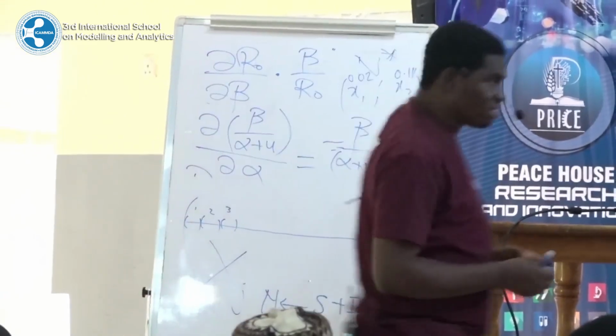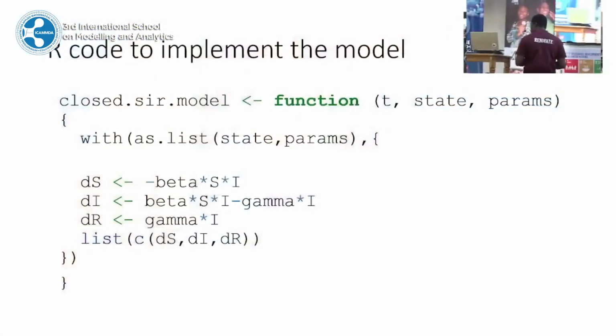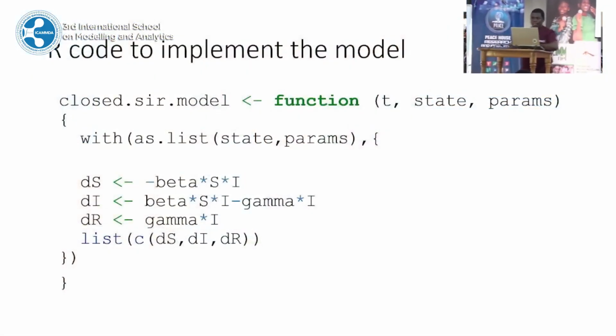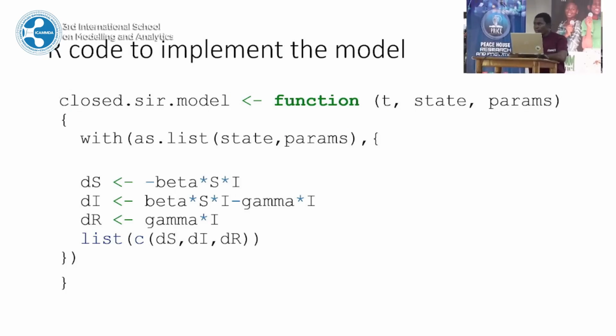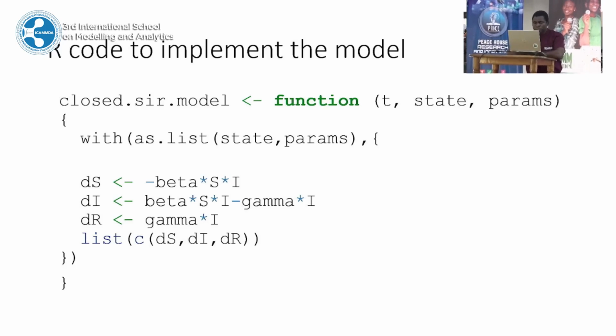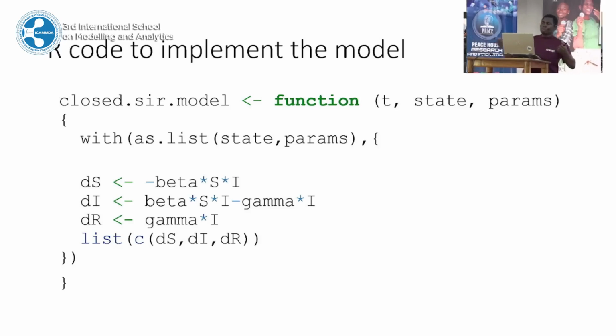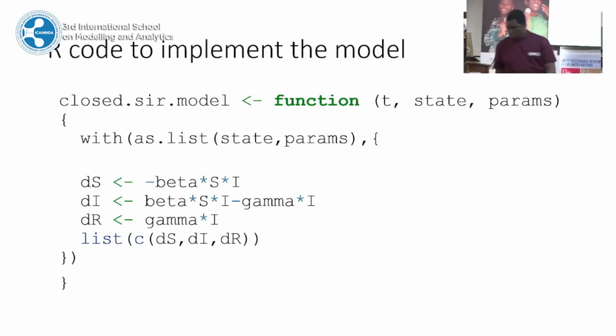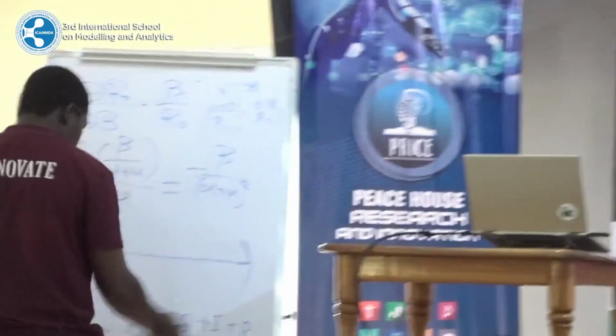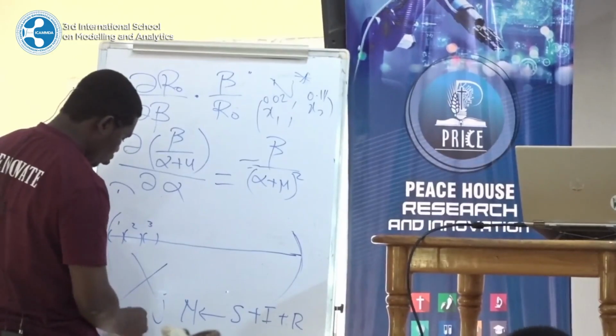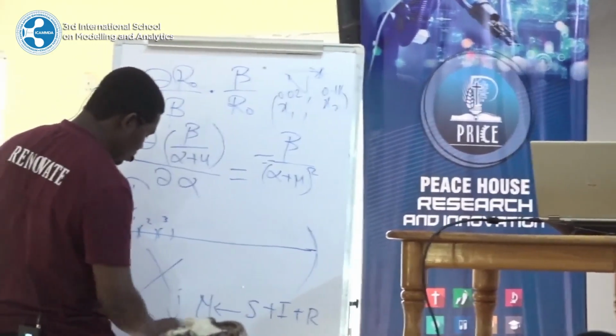Now, that's in a general situation. However, you know that the model we have is a closed population, and it's a constant population as well. That is not changing over time. How do you know when it's a constant population? If you have your N as given like this, and you do dN/dt, you will realize that it's equal to 0.